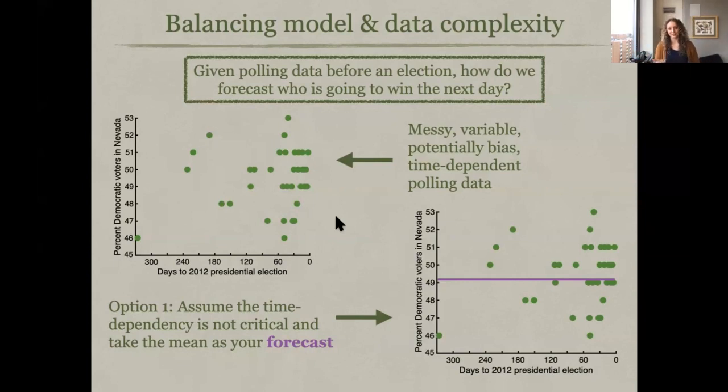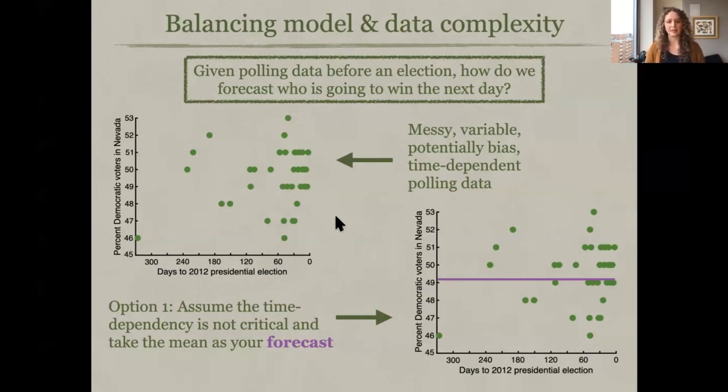The first thing you can think about when you see this data is that it's quite variable, quite messy. If I were to look at this data, I wouldn't know what was going to happen. Maybe there's time dependence here, it's unclear. So one possible option for coming up with a forecast is to say, I don't think there's any time dependence.